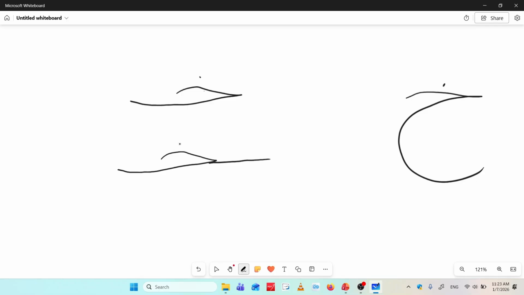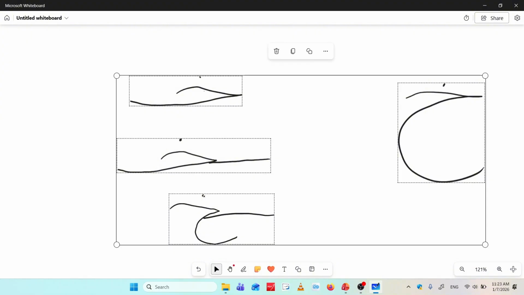This is the Kha in the middle. And this is Kha in the end. Okay? These are the letters that we just worked on.